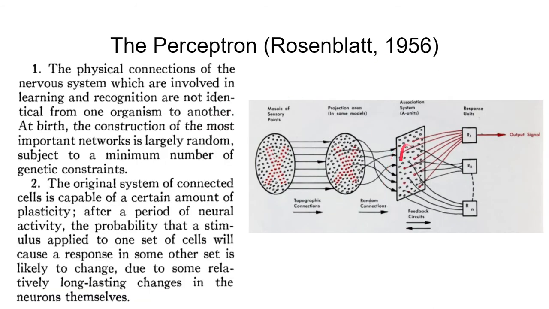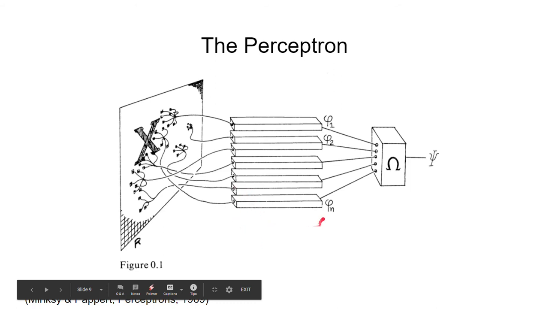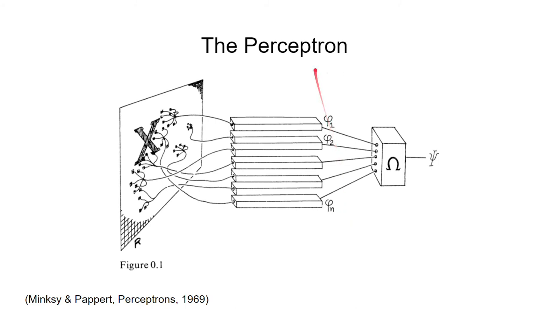That's these neurons here that are randomly connected to my input. Each of these outputs is going to be measuring something. This is my set of features, which is why, in this particular book, Minsky and Papert's Perceptrons, which I'll talk more about as we get there, they're using the letter phi for that. Anyway, whatever.